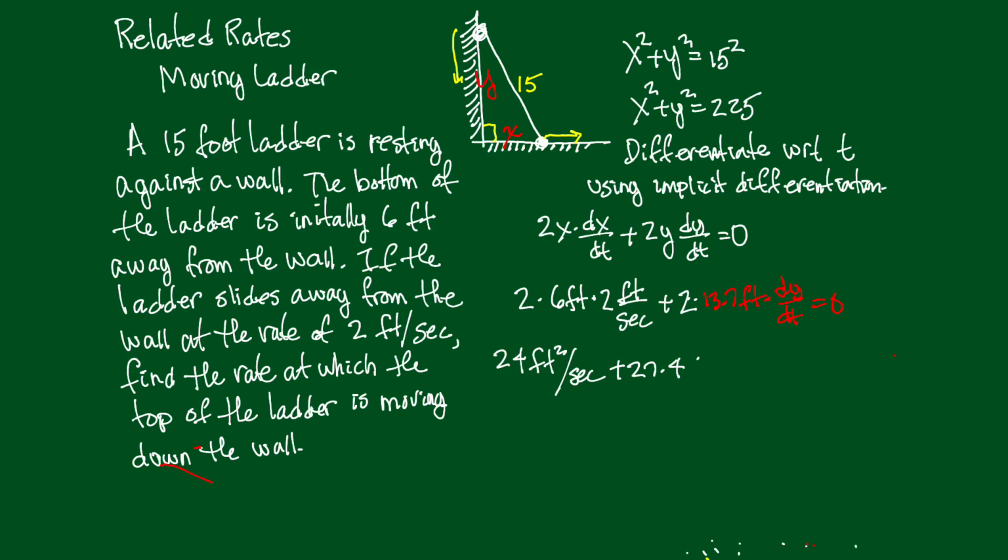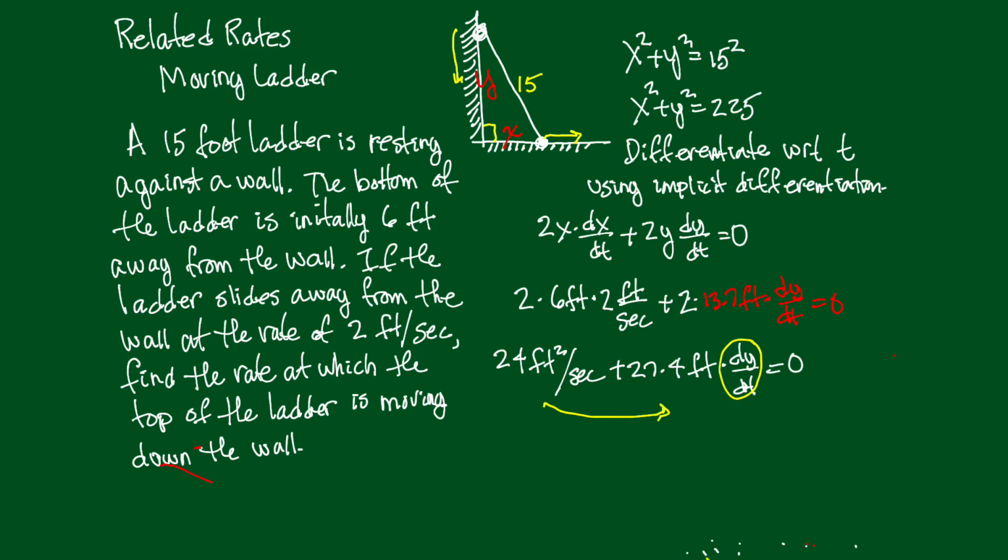So far we have this: 27.4 feet times dy/dt, and the whole thing's equal to 0. Now we're trying to find dy/dt. This is just an equation, so why don't we subtract this from both sides?